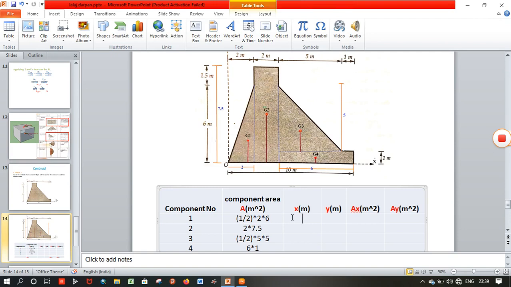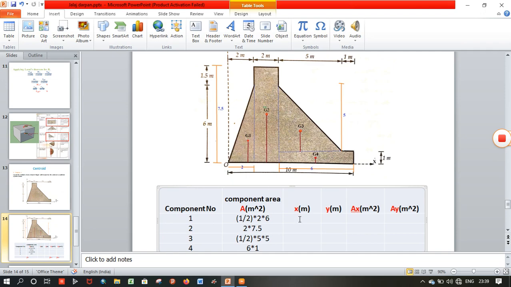So for this right angle triangle, if this distance is h by 3, then this distance becomes h minus h by 3. We take the distance from the right angle edge, so this distance becomes 2h by 3.